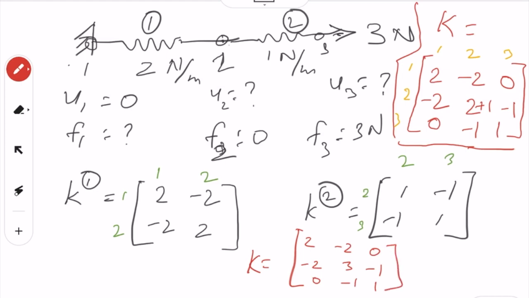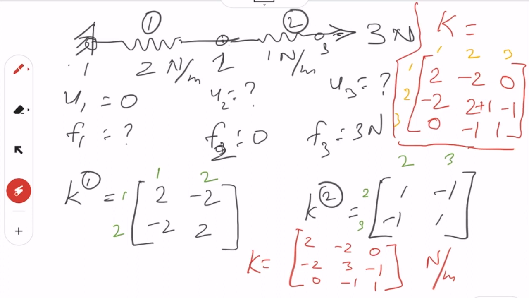All of them are Newton per meter only. Typically in a computer there are no units as such, meaning that your inputs are according to your unit system. However, here whenever a unit is given, it is good to give the units as well. So you have this stiffness matrix for your problem.